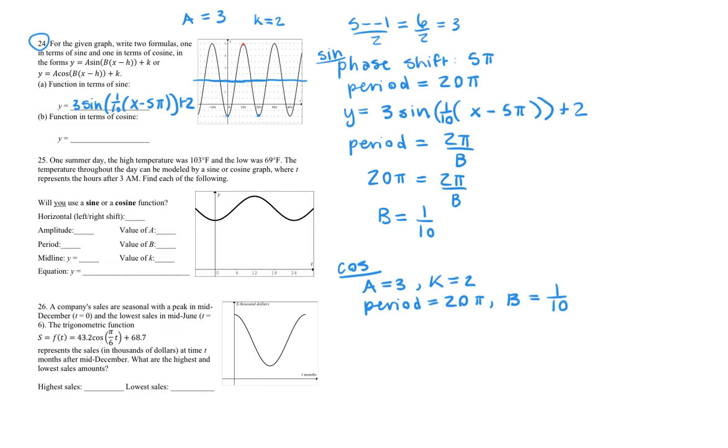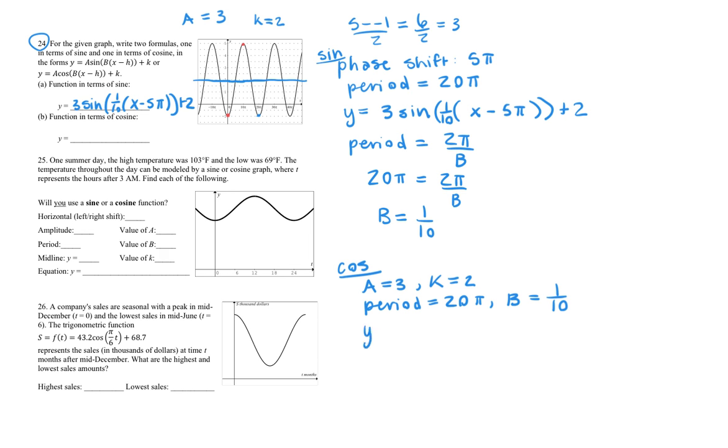I think I'm going to go ahead and do a reflection across x, because normally cosine would start at its peak, but here it looks like we've flipped it. So if we reflect across x, we should return back our original cosine graph. So let's go ahead and do that.